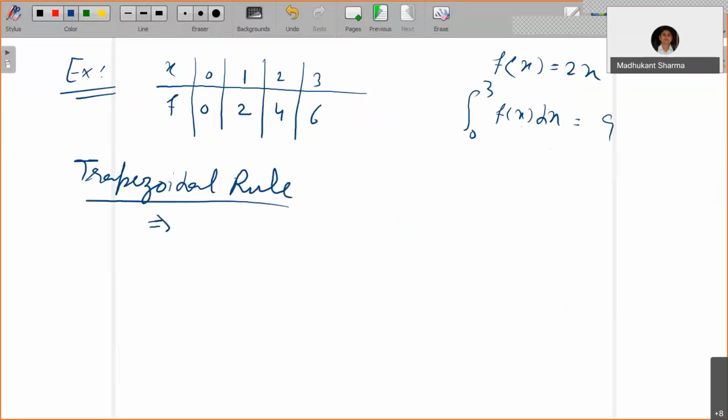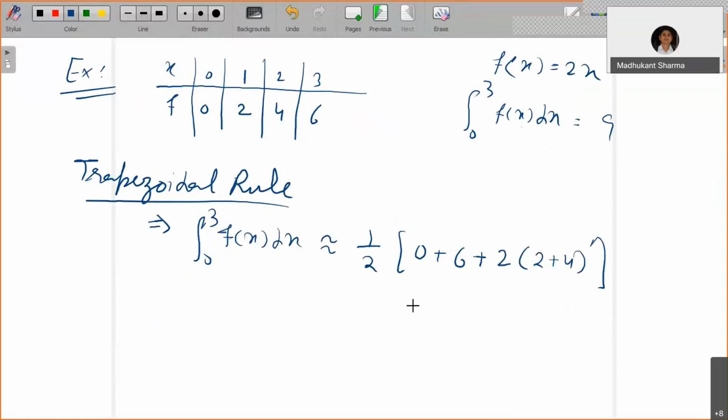And the trapezoidal rule implies integration 0 to 3 f of x dx is approximated by h by 2, that is again 1 by 2, first value plus last value plus 2 times the intermediate values. So that is going to be 9.